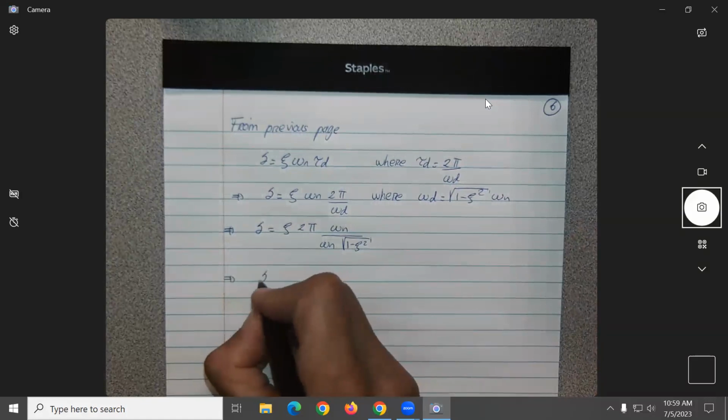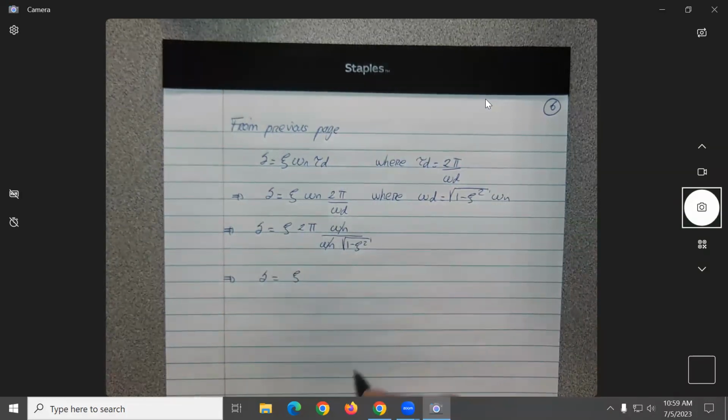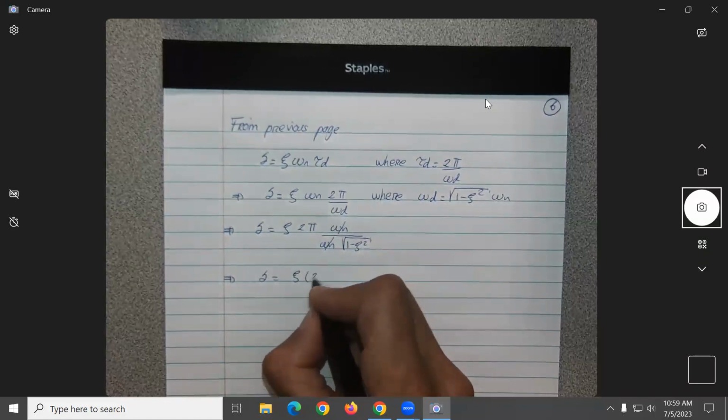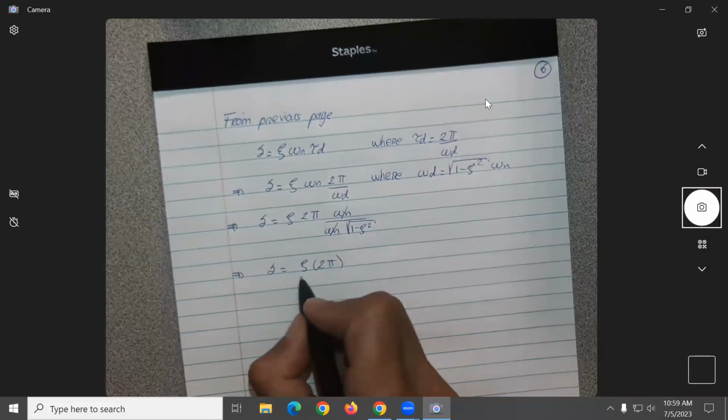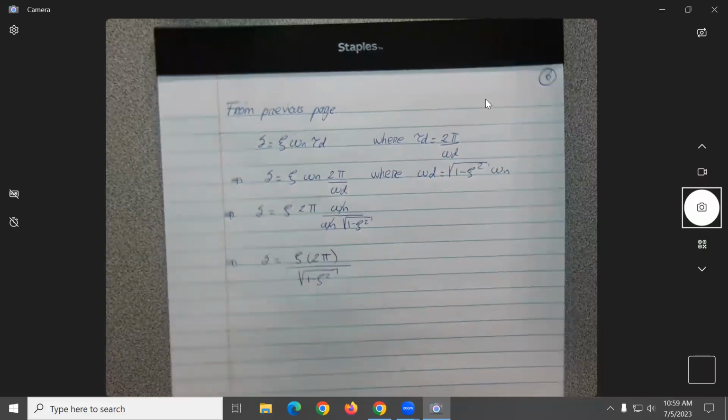Finally, the logarithmic decrement will be equal to the damping ratio times 2 pi divided by the square root of 1 minus the damping ratio squared.